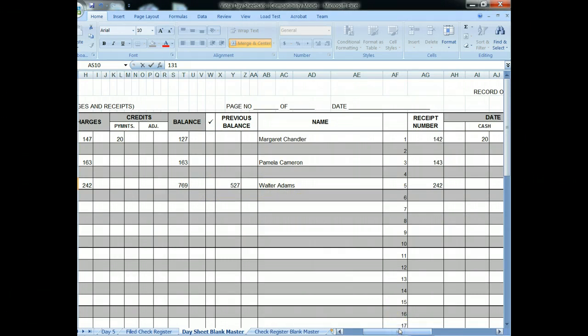Now, job 110 is a check register. That's a completely different form.